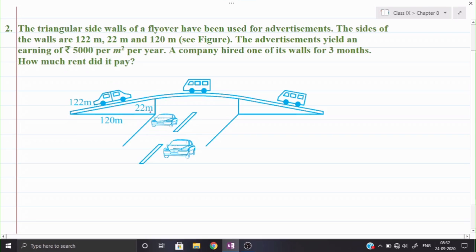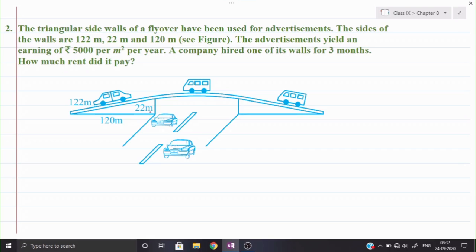Okay, so that triangular shape hoarding is given with dimensions 122 meter, 22 meter and 120 meter as per the figure they have given to us. The advertisement yields an earning of rupees 5000 per meter square per year.